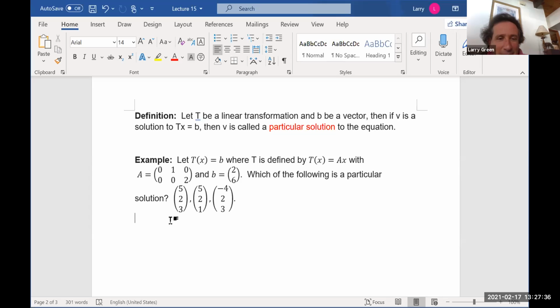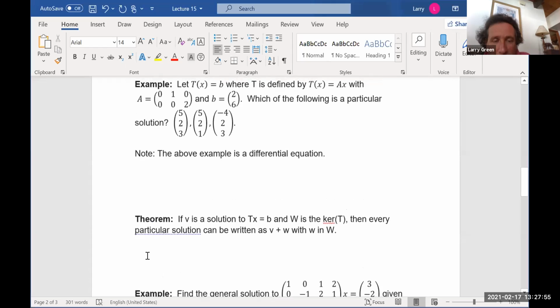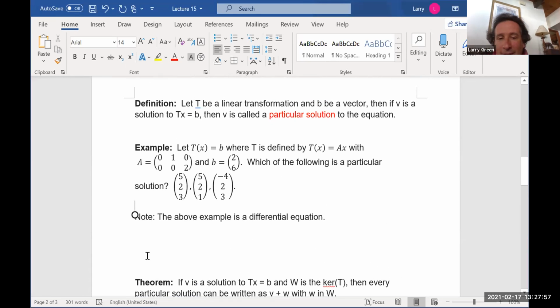And again, I didn't expect anyone to come up with the idea that the example above is a differential equation because it doesn't feel like one, but it is. Any questions on that? Okay, and we'll be doing that in a deeper way later in this class. But right now, I just wanted to give you the idea, and we'll formalize it in a few weeks.